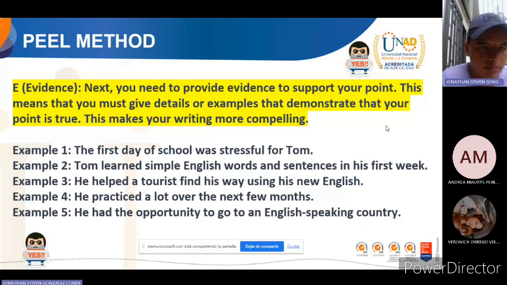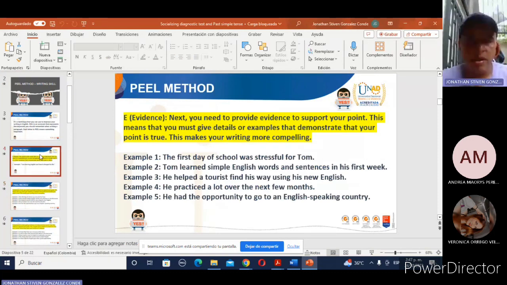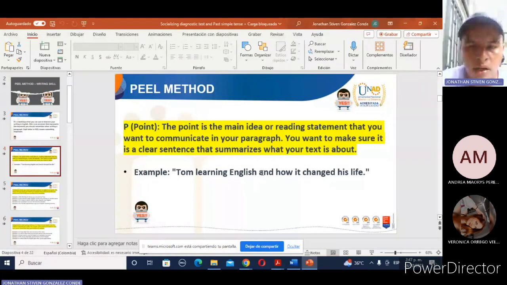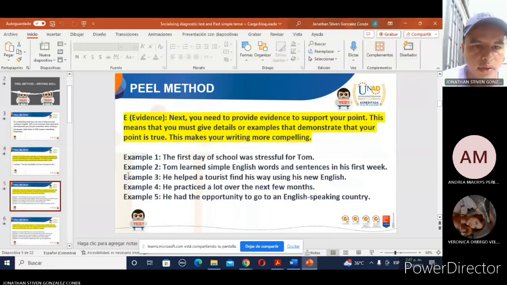Okay, Andrea, good job. Pay attention to this, okay? So, the main idea is Tom learning English and how it changed his life, okay? In the first example, it says the first day of school was stressful for Tom. The first example is talking about Tom's learning English.